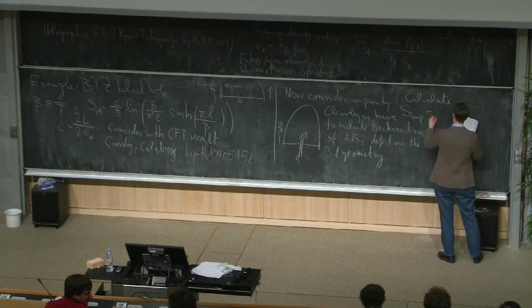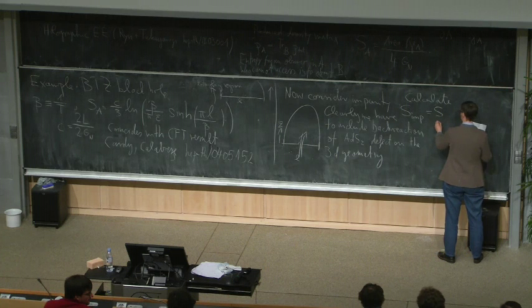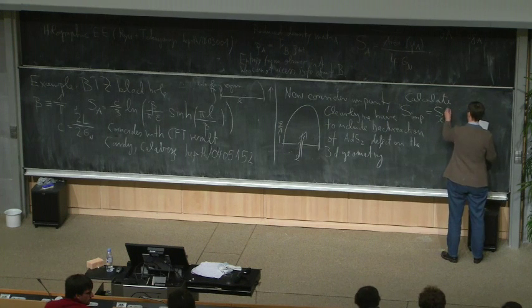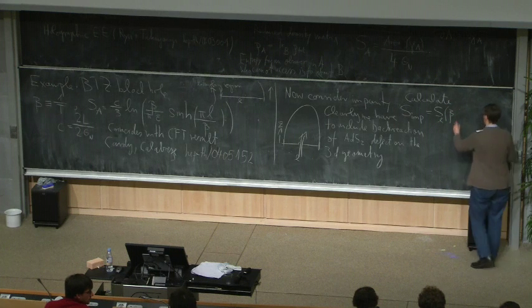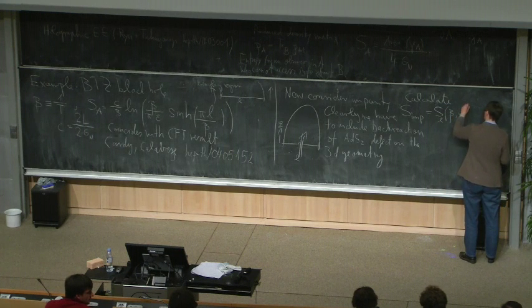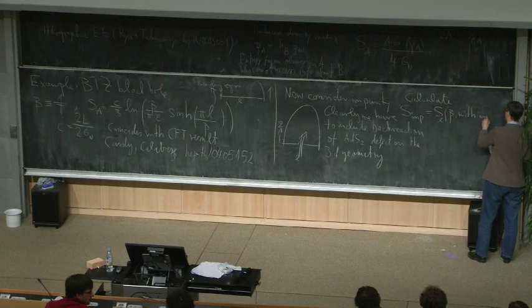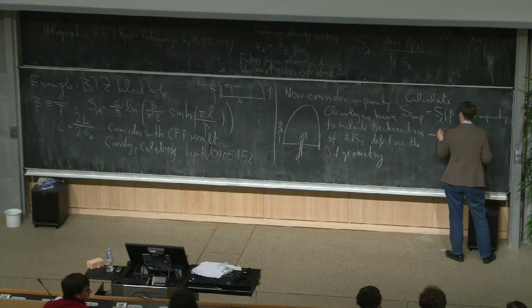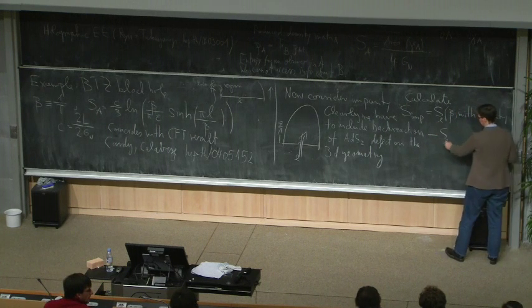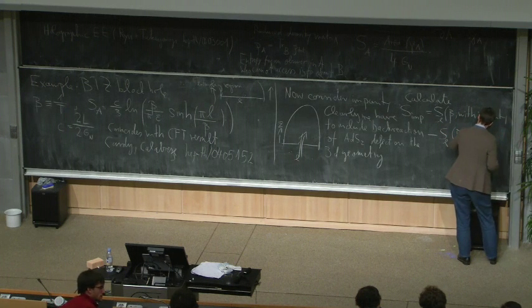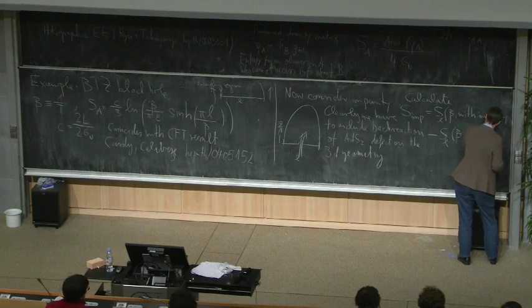So this will be the entropy of a strip L at a temperature given by beta, and then we take the entanglement entropy with the impurity minus the same entropy, so the entangling region is the same, the temperature is the same, but then we consider the case without the impurity.